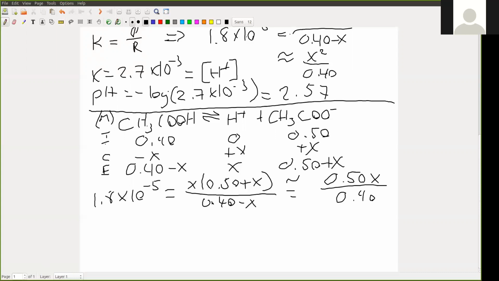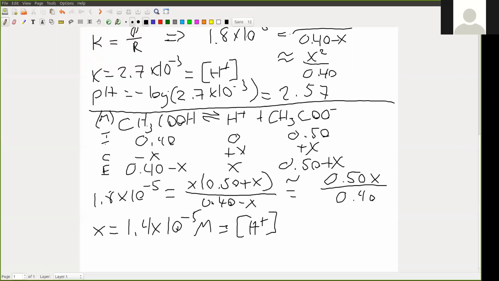If you do this calculation out, you end up getting that X is equal to 1.4 times 10 to the minus 5 molar, which is also equal to our concentration of protons.